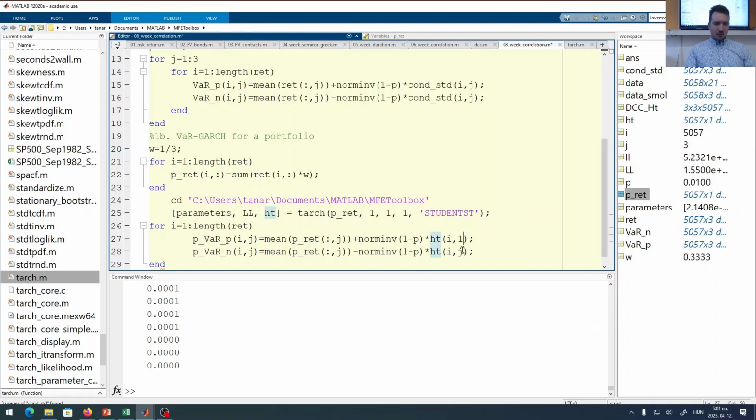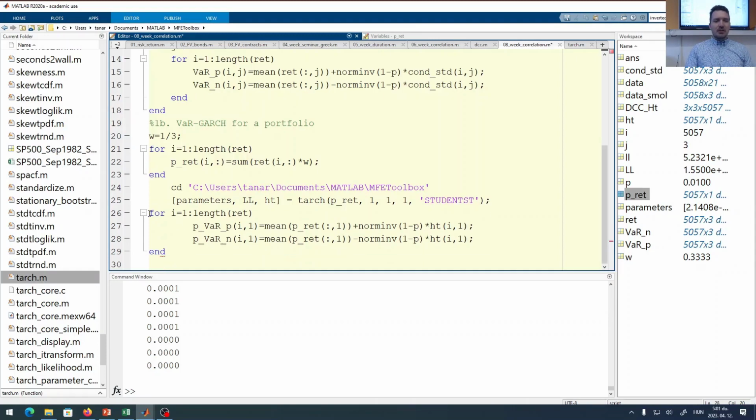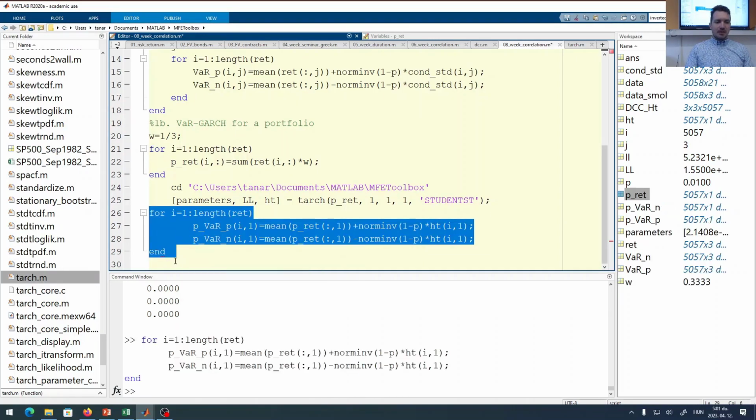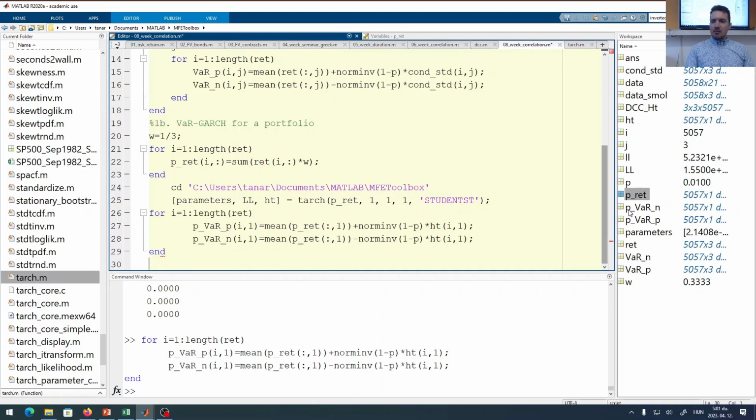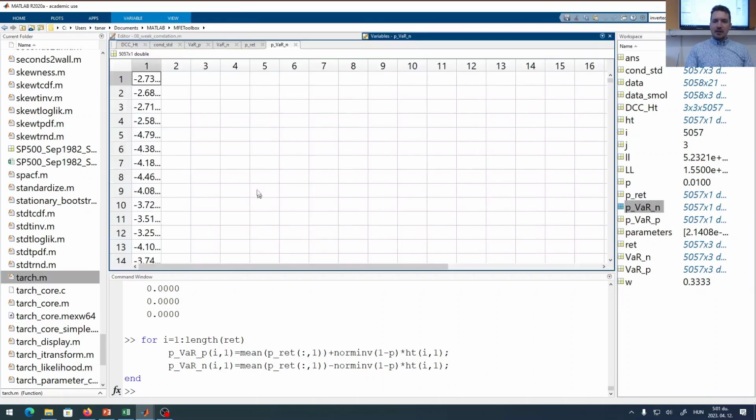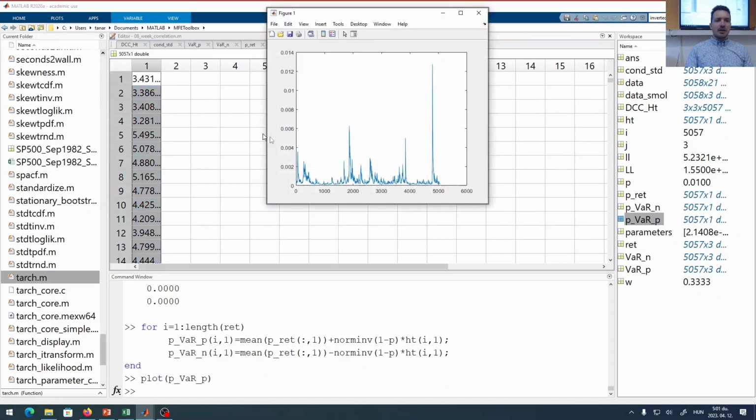And I have to remove this one to describe it to 1, 1, 1, 1, 1. So after some small modifications, then we can have the VaR normal values and positive or negative values and positive values as well. So we can see what is happening here.